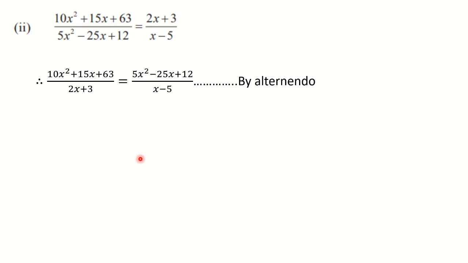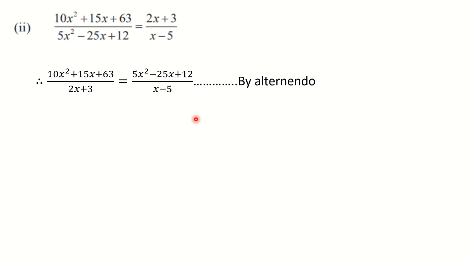Rest all the steps are similar, only you have to add this step alternando, and that multiple is going to change. Here in this case the multiple is 1 upon 5x. So all of you please write down this first step and the multiple, that is, multiplying both the sides by 1 upon 5x, and then solve by yourself.